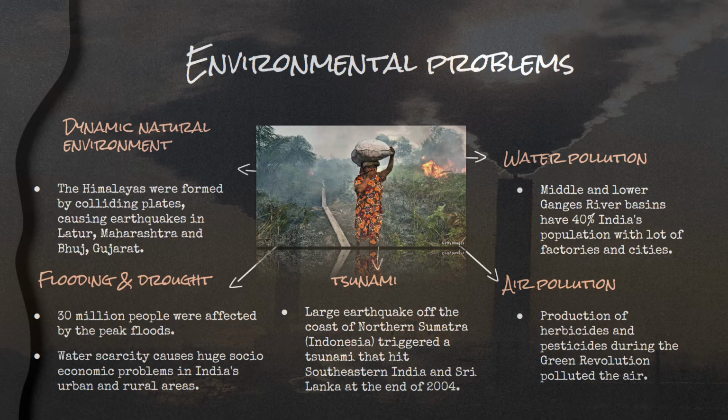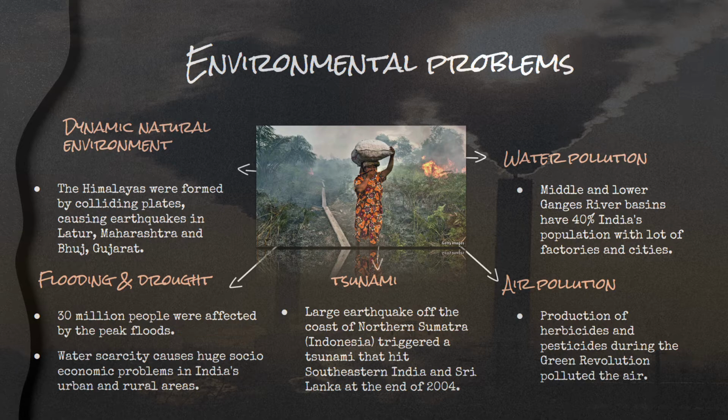Water scarcity causes huge socio-economic problems in India's urban and rural areas. The urban middle class can erect storage tanks, while slum people must queue with buckets. The village elite caste have access to nice wells, but the rest must seek water elsewhere.